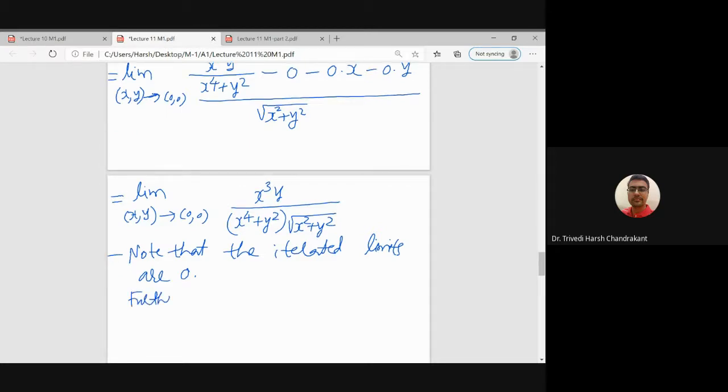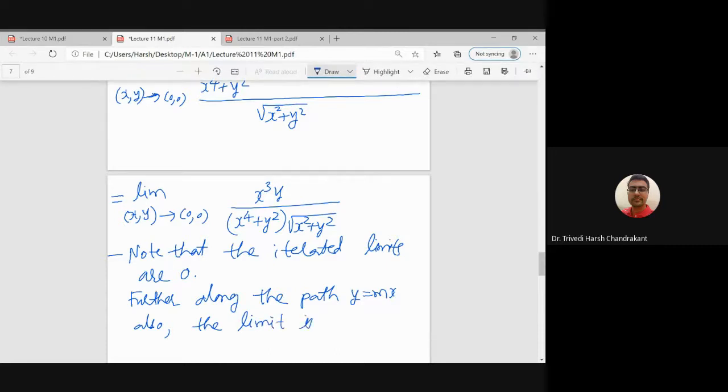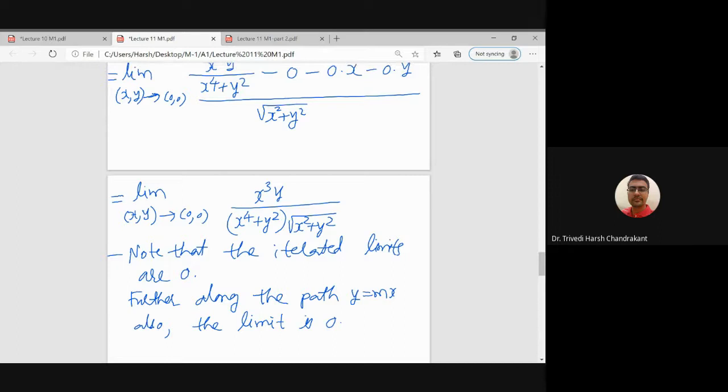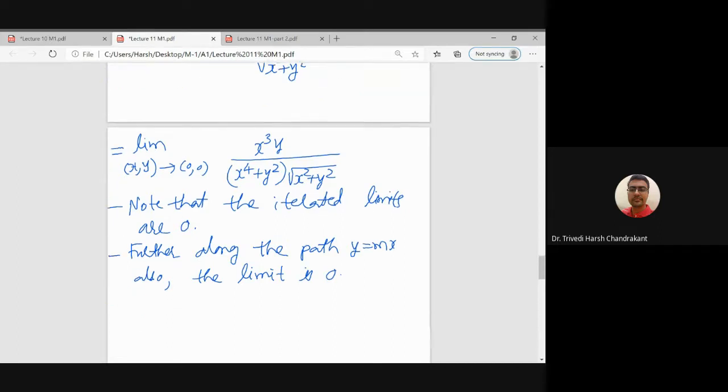Further, along the path y equal to mx also, the limit is 0. The limit is 0 along both these paths.